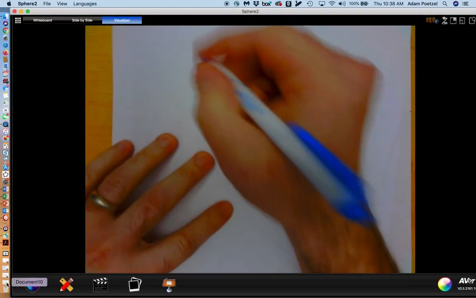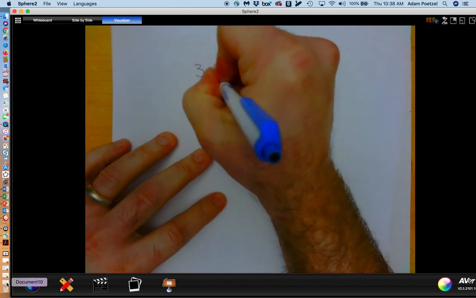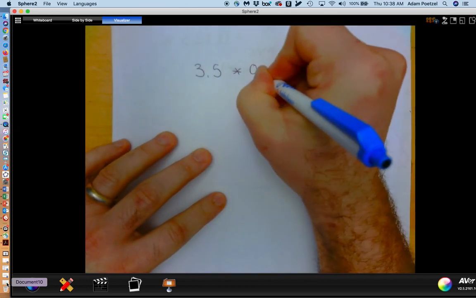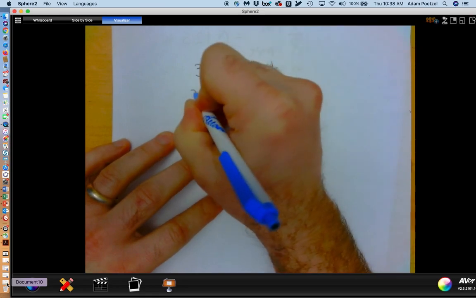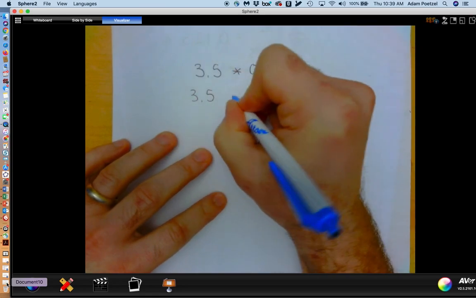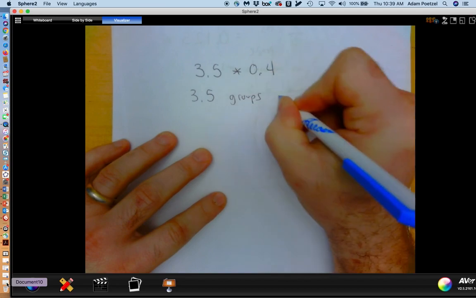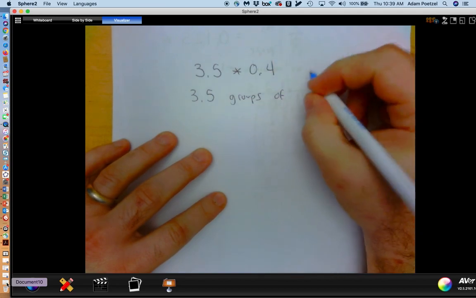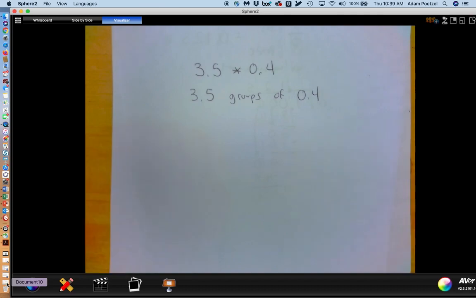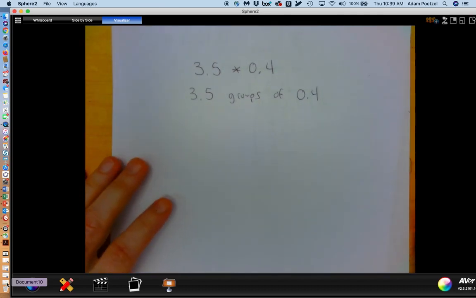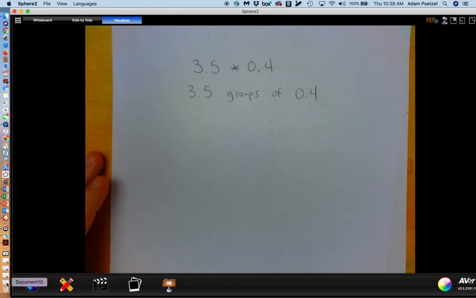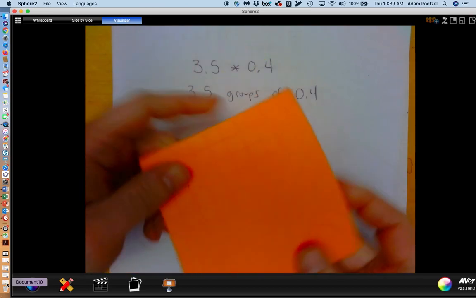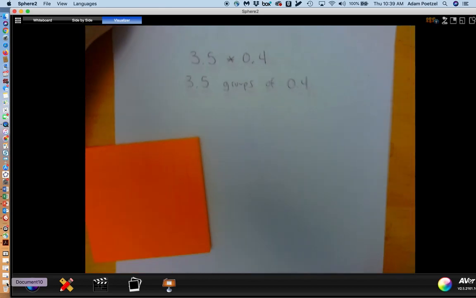All right, good. So we're going to look at 3 and 5 tenths times 4 tenths, or 3.5 groups of 4 tenths. So again, if we look at it in terms of a model, what we need to do is define our whole again. So I'm going to define the flat here to be my whole.